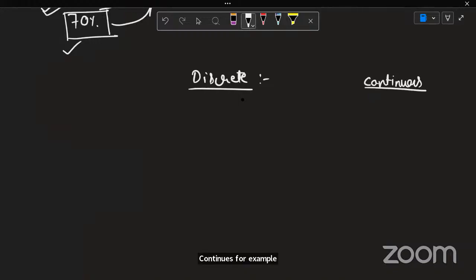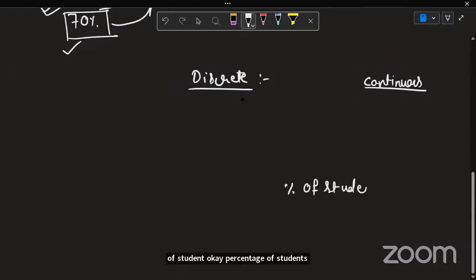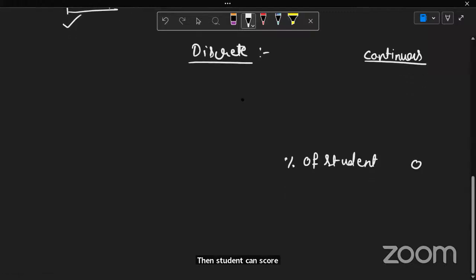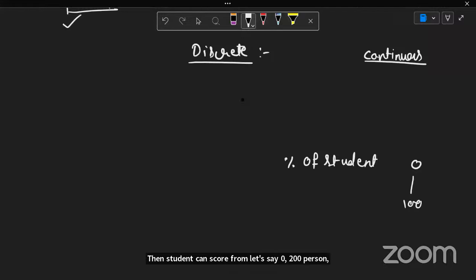if you are measuring the percentage of students, then a student can score anything from, let's say, 0 to 100%. It's not that there are exactly 100 possible values in that column, like 37, 38, 95, 97.